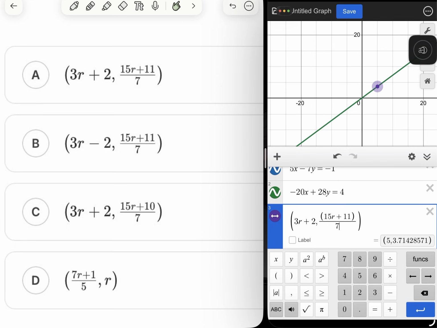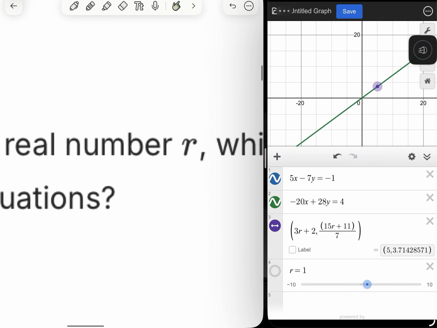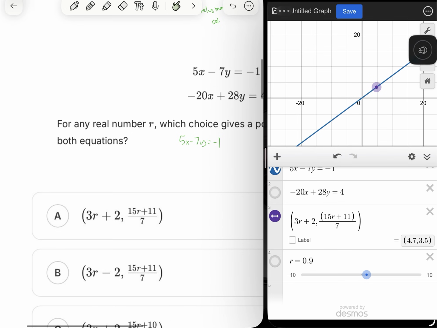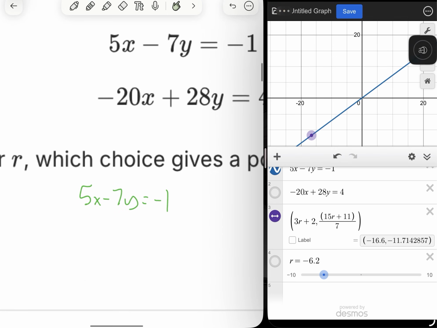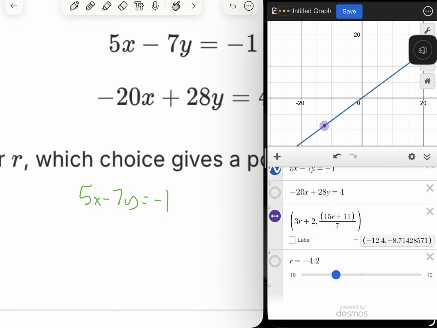Make sure you add the slider. Because r is that constant that we can change, and remember, r can be any real number, if you move the slider back and forth, you'll realize that it stays on the graph of 5x minus 7y equals -1. It never diverges from that path. This is what I mean by follow the point. The point here follows that line of the system.